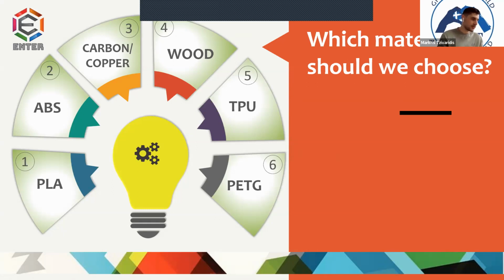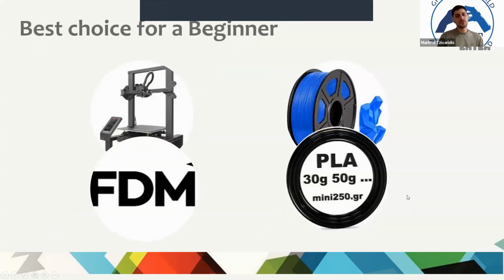I mean, I think everybody understands that. And the last one is PETG, which I wouldn't use as a beginner because, as I told you, it's pretty hard to print. At least it's harder than PLA and ABS. So the best choice for a beginner is an FDM printer with a PLA material. Try to change my mind.